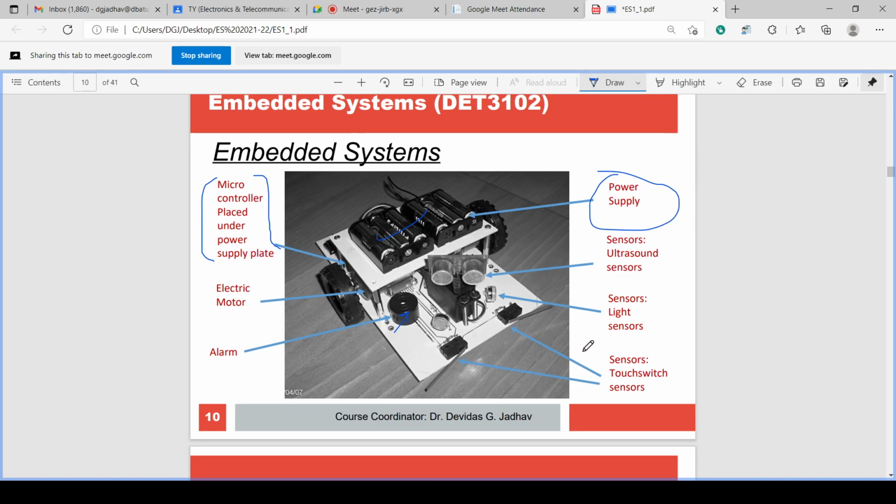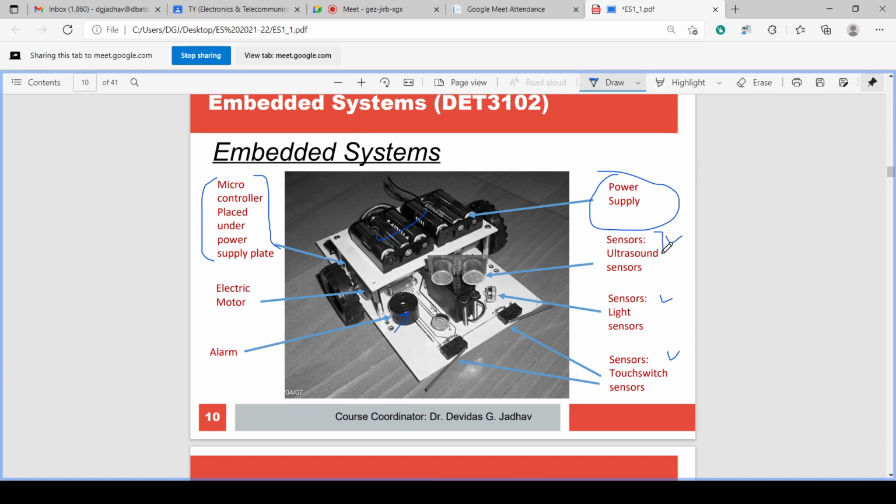Then there are other sensors like ultrasound sensor, light sensor, touch switch sensor. Okay. So there are some sensors. Ultrasound sensors are shown here.